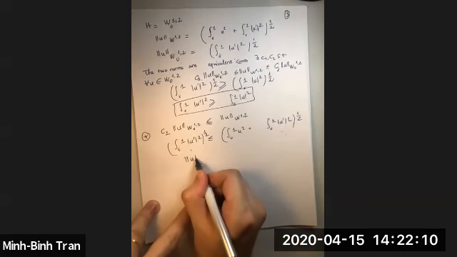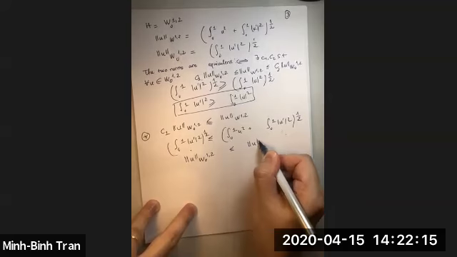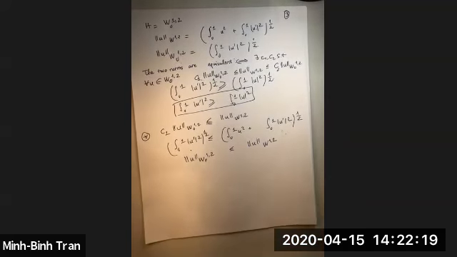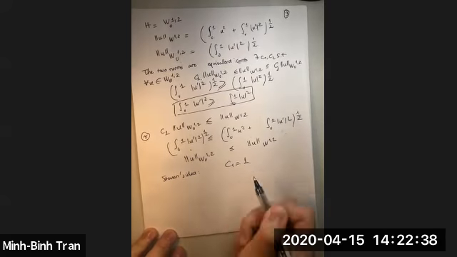Which means that the W012 norm is smaller than the W12 norm. All right, good. So what is the value of C1? 1. Of course C1 has to be 1.